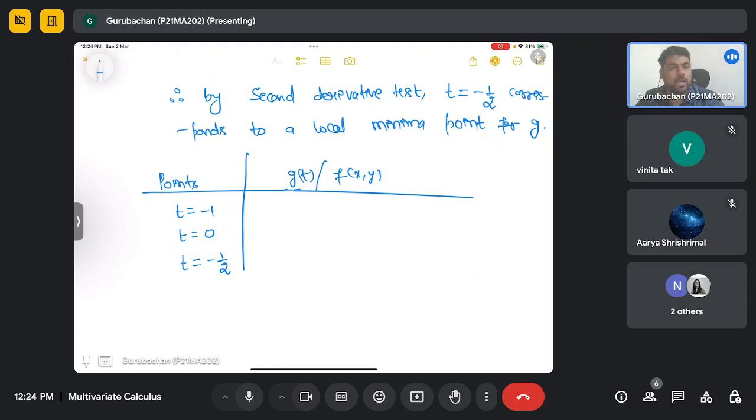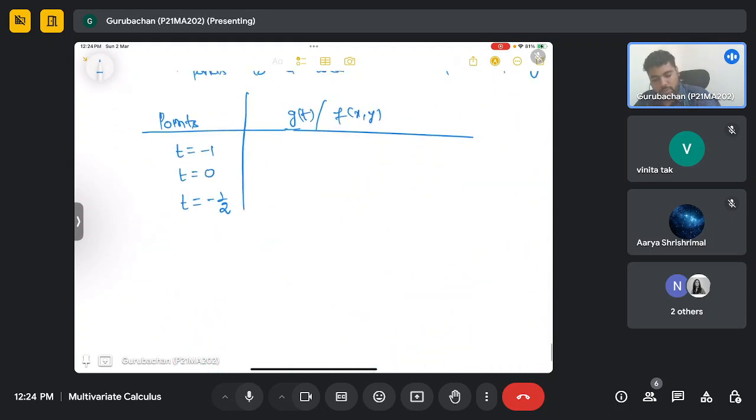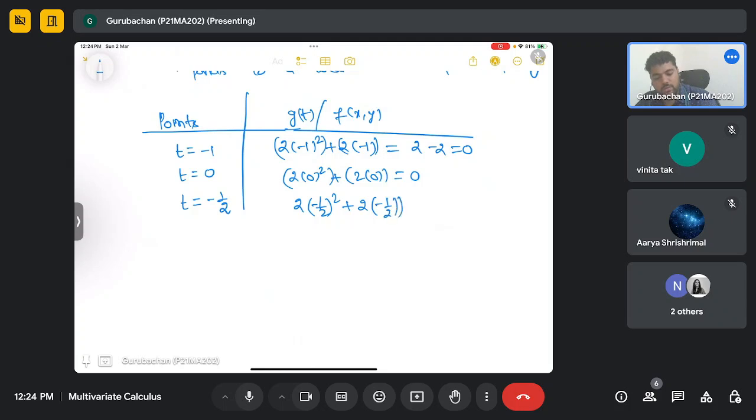So here, since our function is 2t square plus 2t, it will be 2 times of minus 1 square plus 2 times of minus 1. So this will give us 2 minus 2, that is 0. Similarly, 2 times of 0 square plus 2 times of 0 will be 0. Now 2 times of minus half square plus 2 times of minus half.